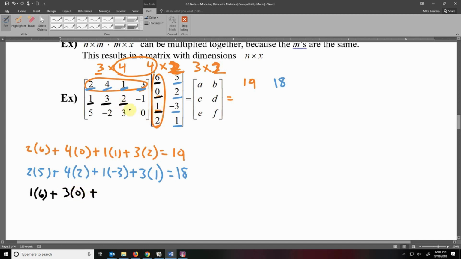Over and down, 2 times 1. And over and down, negative 1 times 2. Okay, so I've got 6 plus 0 plus 2 plus negative 2 for a total of 6. So my next element is 6.